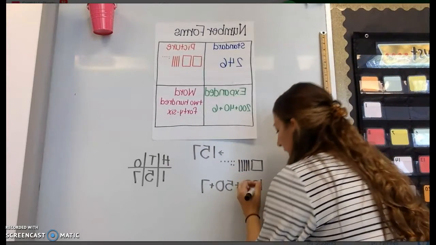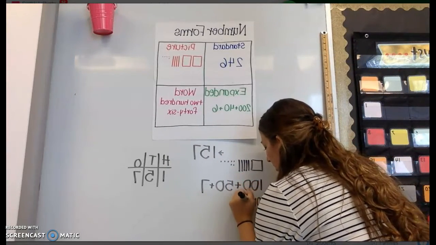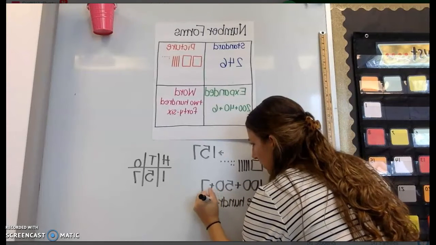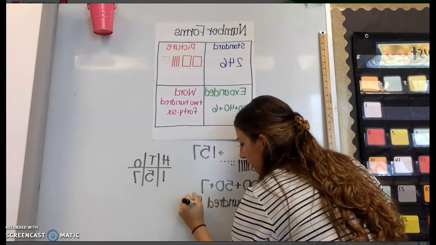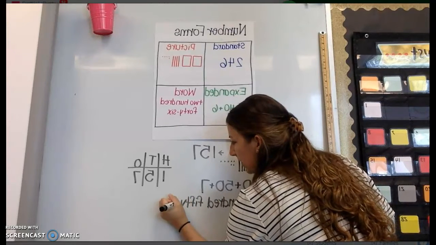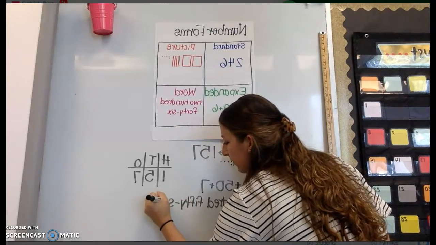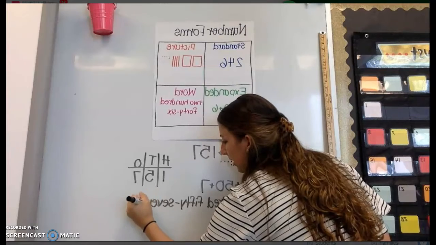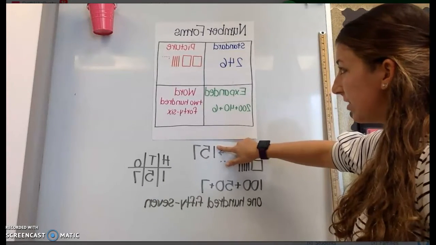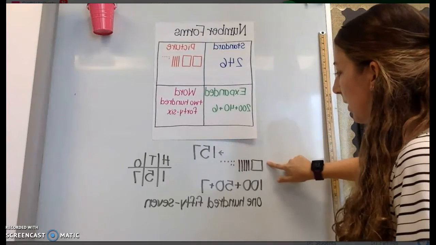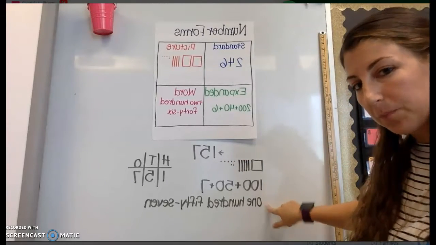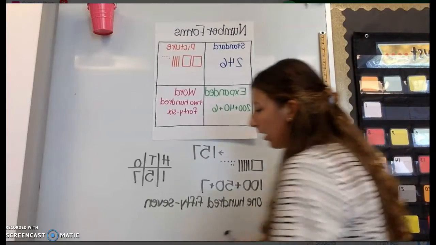So for here we have one hundred fifty, and then I put my dash to show that fifty-seven is included with that number. So I have 157 in standard form, picture form, expanded form, and word form. Let's take a look at another example.